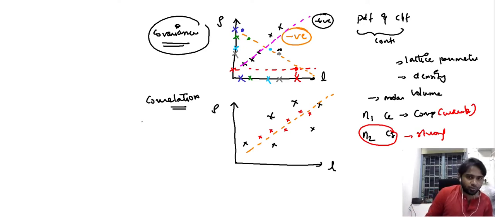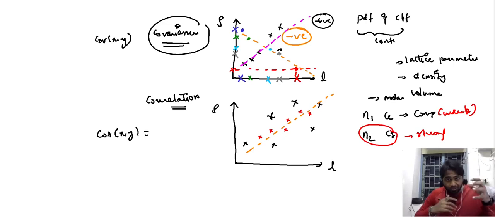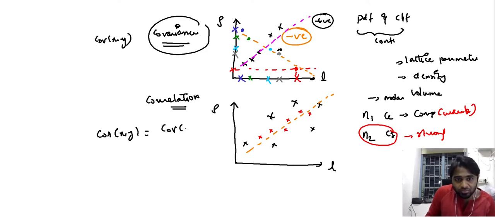The expression for the correlation is expressed as, for instance, we have the covariance of x and y, and we have seen an expression for it. The correlation of x and y, when you want to quantify the relation that exists between the two variables, is the covariance divided by the variance of the individual variables.